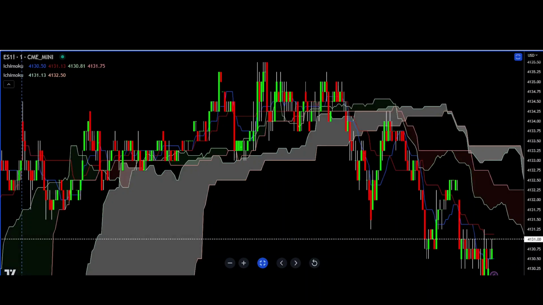Alright, and to test out the Double Ichimoku strategy, I've gone ahead and set up a back test on Ethereum.